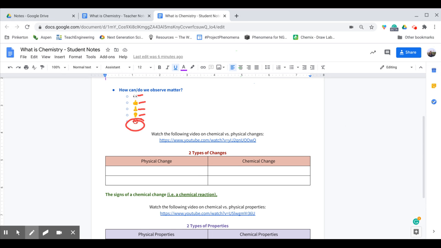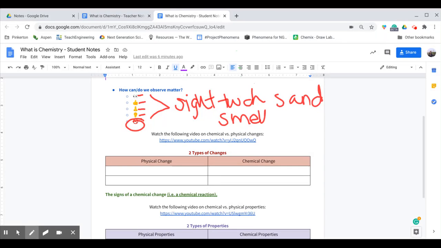So really, the four above, so sight, touch, sound, and smell. That's how we're going to observe matter in this class.